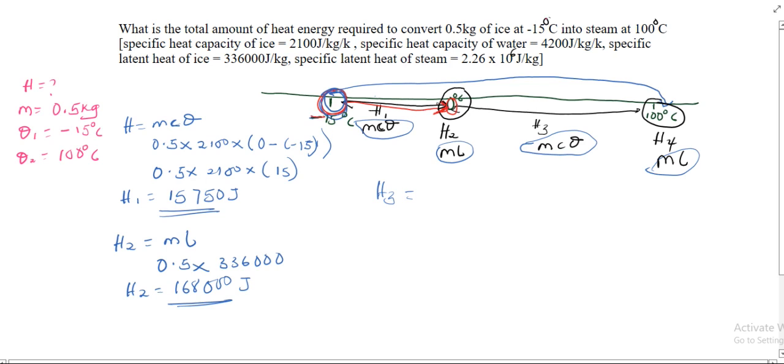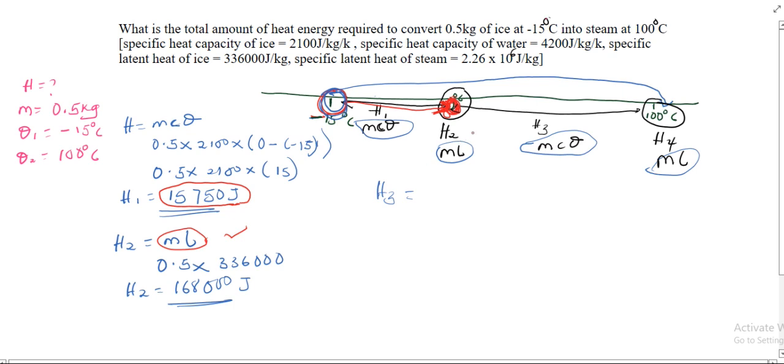Please note that it was still ice at 0. We now use this value here to melt the ice at 0. You get that? We use this value to melt the ice at 0, so we convert it from ice to liquid at 0.